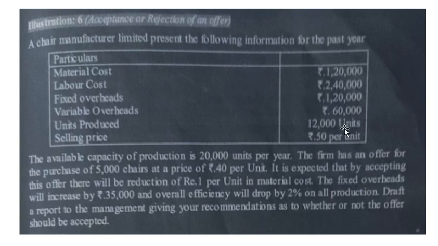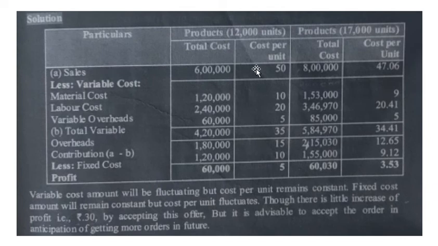But along with these 12,000 units, if the new offer to produce 5,000 extra units is accepted, these are the costs which are going to be incurred. So now we'll have two classifications. One classification will be for 12,000 units, and if the offer is accepted, then 12,000 plus 5,000, as the offer is for 5,000 units, will give you 17,000 units.